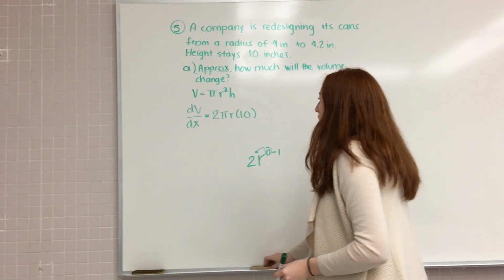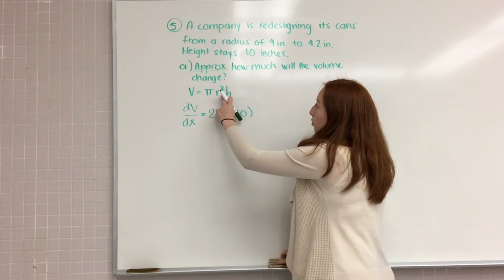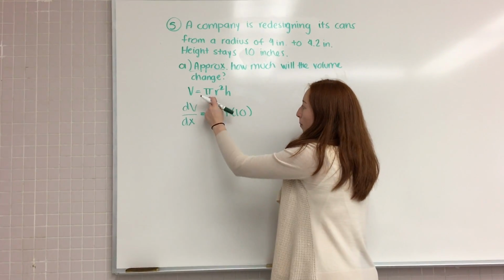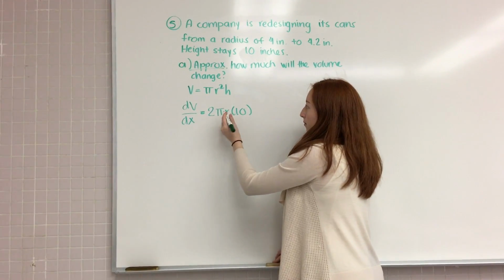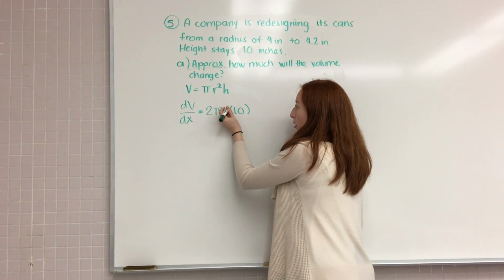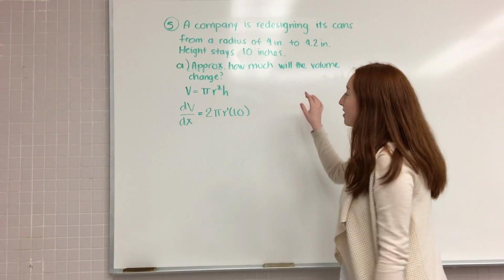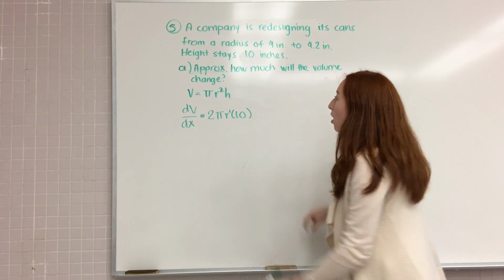Now, we took out the number 2, we put it as a constant. 2 pi is a number, so we take it out. The r we subtracted 2 minus 1 is the power of 1, and the height, since it says it stays 10 inches, we just put 10.